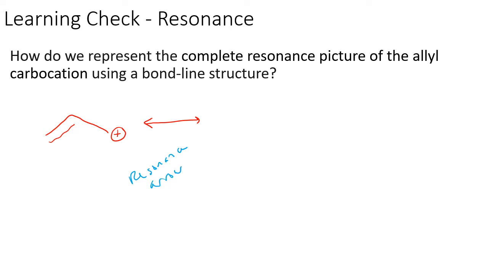Now, just like we learned in general chemistry, we could take these pi electrons and place them between the other two carbons. So our resonance picture would look something like this. We could have a double bond here instead, and then that would make this carbon at the left-hand side the carbocation. Later we're going to learn some rules and patterns to figure out how to actually move those electrons.